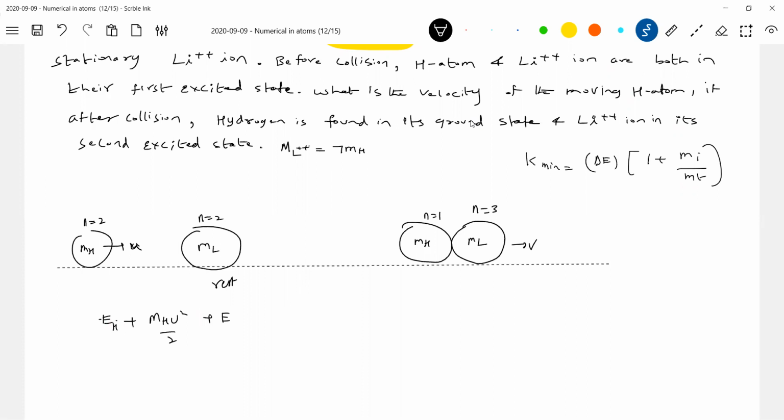Hydrogen, n equal to 1, I'll write it, E_H2. Lithium, energy in the first excited state, and it is at rest, no? Equal to, finally, the hydrogen atom is in the ground state, how much? Minus 13.6 electron volt, plus it's having kinetic energy, (m_h plus m_l) v squared by 2, together, we'll write it here.